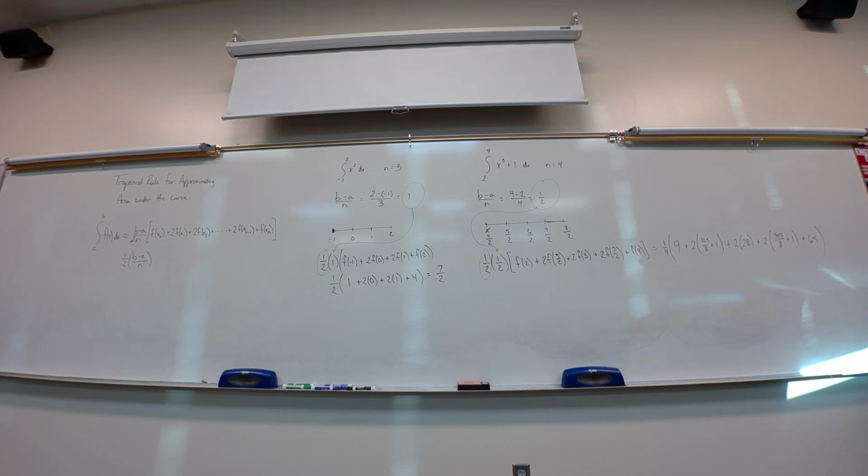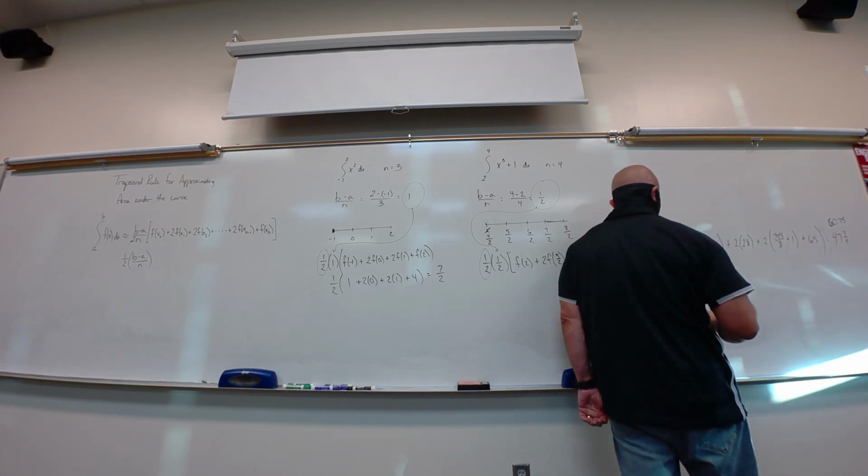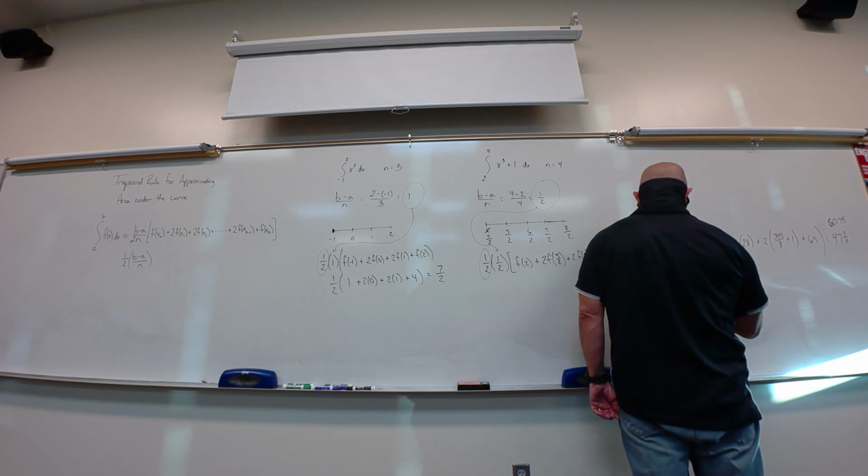Everybody okay there? Did anybody get an answer for this one? 47 and 3/4. 47 and 3/4? I got 60.75. 60.75. Whoops. I may have screwed up. Anybody validate one of those? Check it for me, please. I have to do the high one.